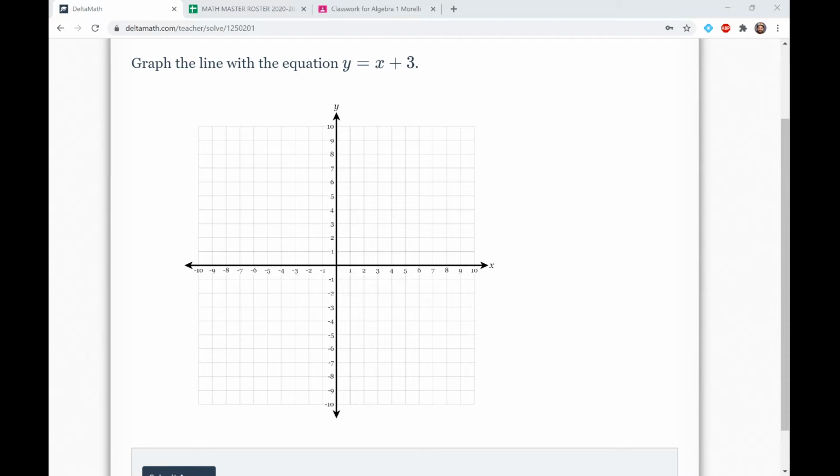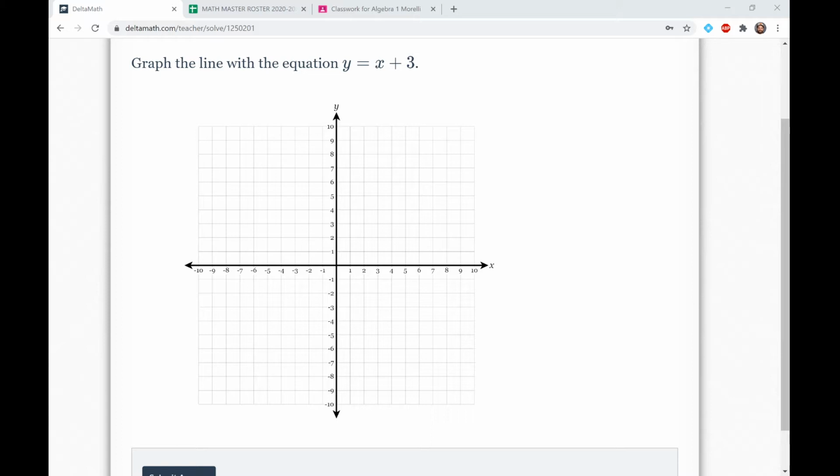In this case, the y-intercept, or the place that the graph crosses the y-axis, is at 3. So the coordinates for that location are (0, 3). I need to go to (0, 3) and put a dot right there. That's my first point that I'm going to plot.